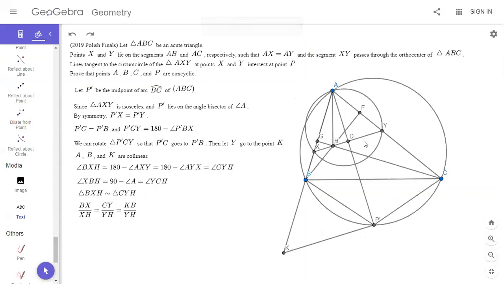Where was I? So once I knew that those two were parallel, I wanted to show AXP prime was similar to KXY, I think, right? And then, yes.